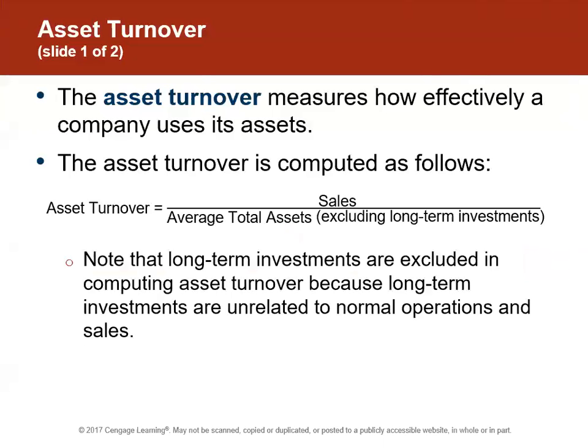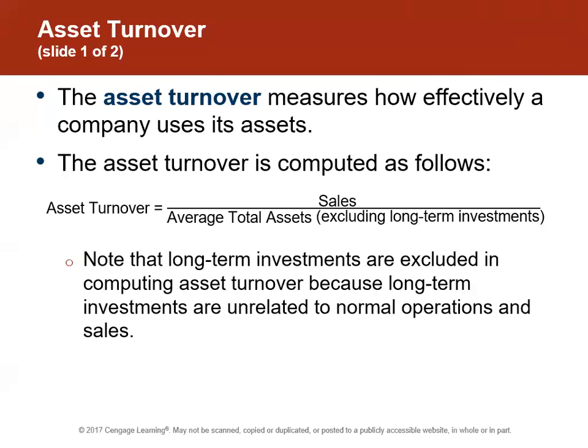Asset turnover measures how effectively a company uses its assets. Here we take sales divided by average total assets. Whenever you see a formula that says average anything, you need to take the beginning plus the end, add them together, and divide by 2 to get an average. If they don't give you beginning and ending, it's last year's and this year's, the same thing.